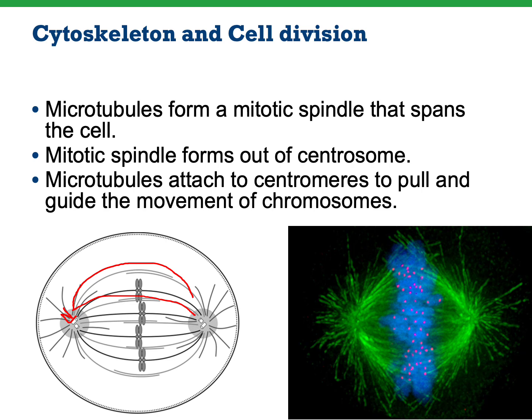You can see the centrosome and the spindles in this cartoon or in the actual fluorescent cell here in green. The microtubules attach to the centromeres to pull and guide the movement of chromosomes to opposite ends. You can see the chromosomes here in blue.